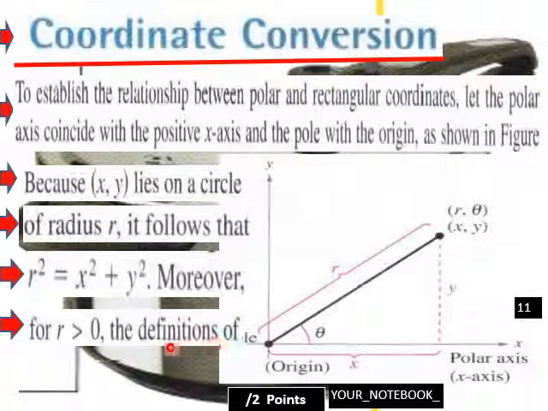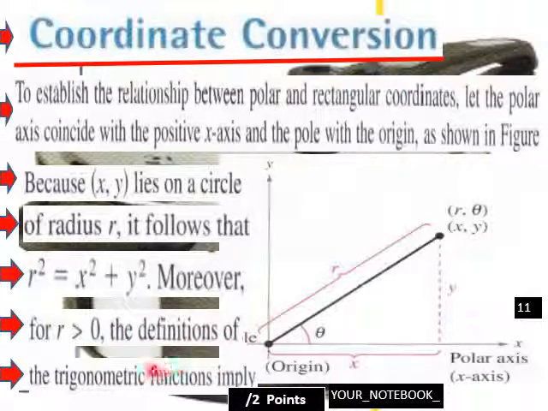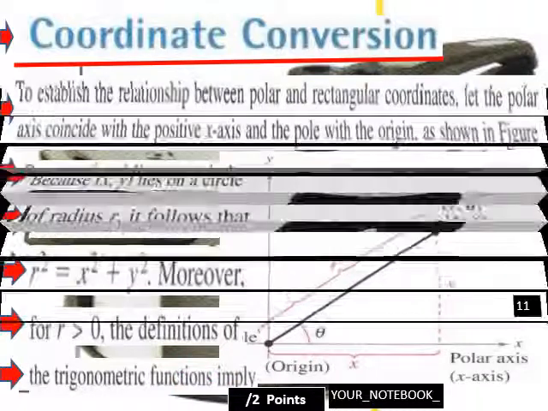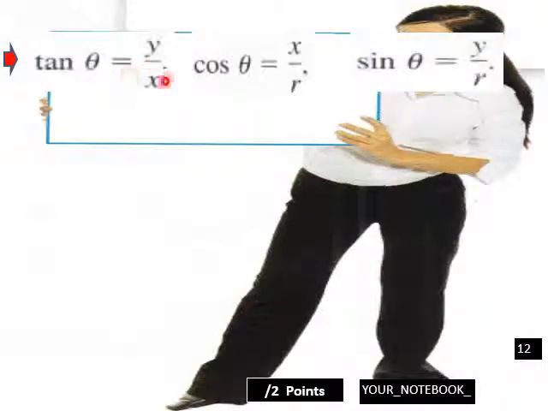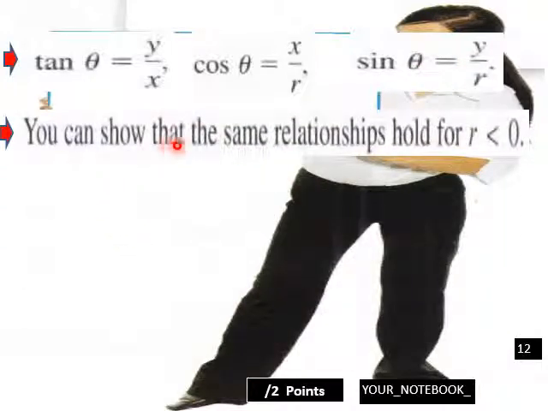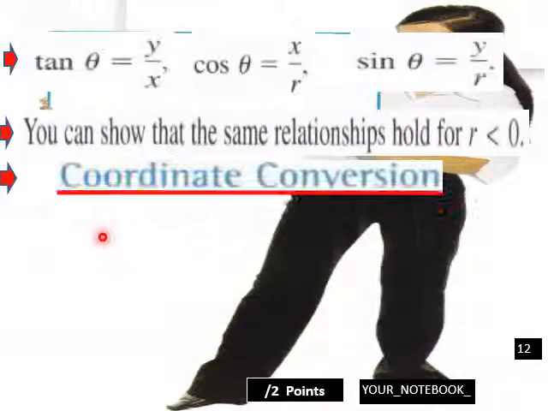Because (x, y) lies on a circle of radius r, it follows that r² = x² + y². Moreover, for r greater than 0, the definitions of trigonometric functions imply tan θ = y/x, cos θ = x/r, and sin θ = y/r. You can show that the same relationships hold for r less than 0.